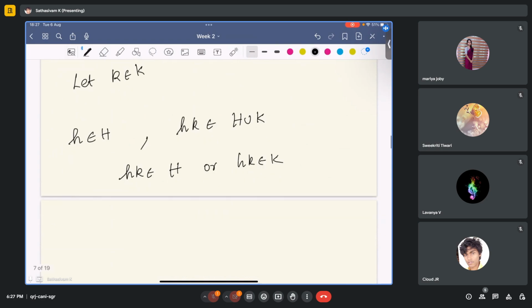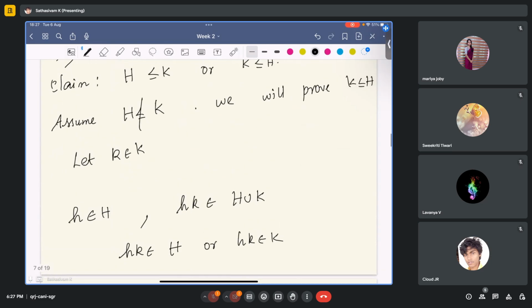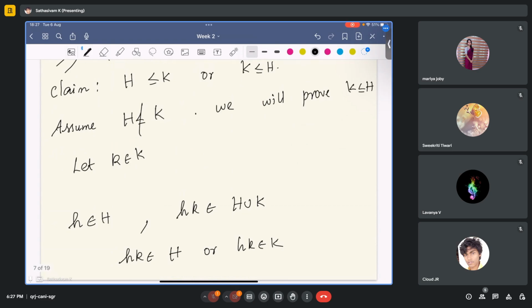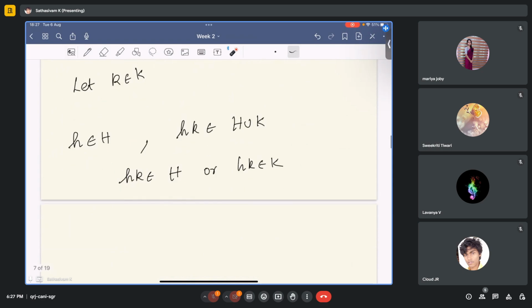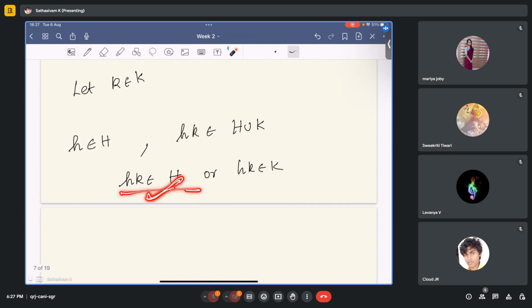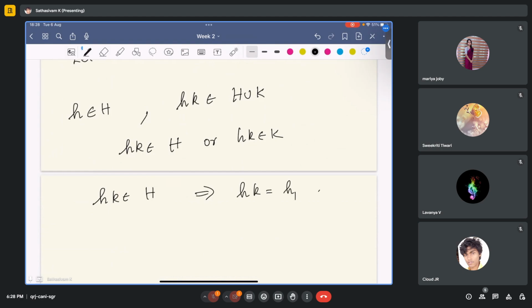Now let's consider both of these cases separately. What you actually want to prove is that k belongs to H. Suppose you assume hk belongs to H, then see what happens. You have hk belongs to H, so that implies hk is some h1.